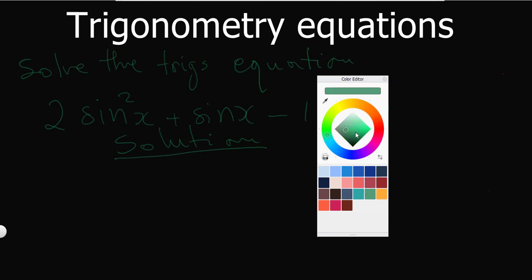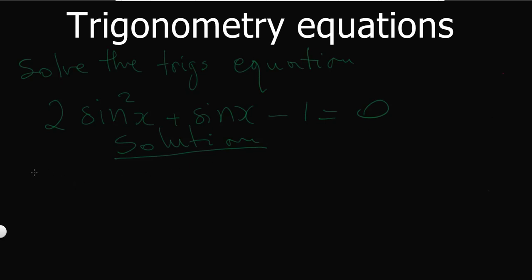Let's go back to our green. Okay, now what is going to happen here? You open bracket, sine x, and on this side it will be sine x, because 2 sine x multiplied by sine x will give you 2 sine squared x.